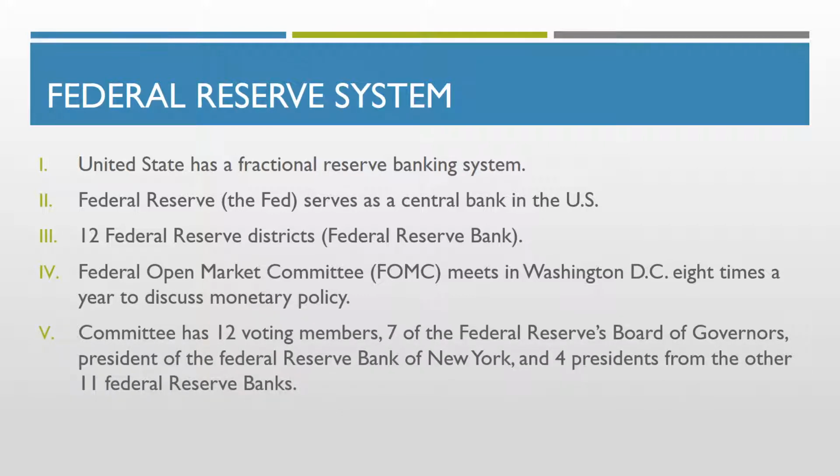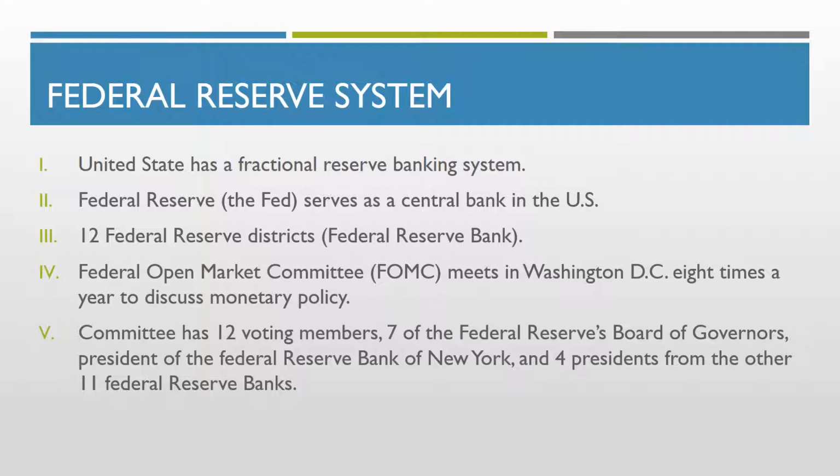This committee actually has 12 voting members. 7 of them are the Federal Reserve Board's governors. The president of the Federal Reserve Bank of New York is required to be a voting member in this committee. So that means the president of the Federal Reserve Bank of New York is a fixed member in this committee.